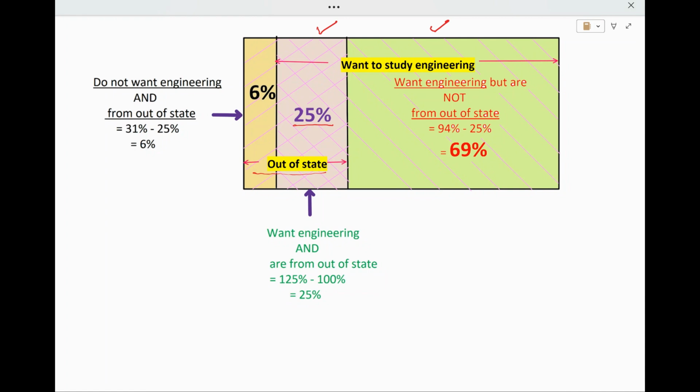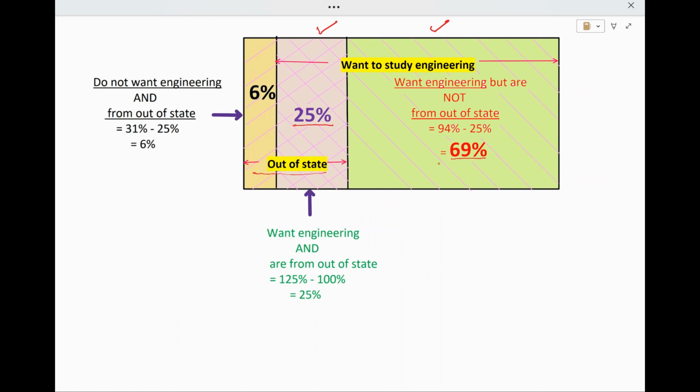Now, some of them from this group are from out of the state and some of them are from inside the state. Those who want to study engineering but are not from out of the state constitute 94% minus 25% is equal to 69% of the total number of students.